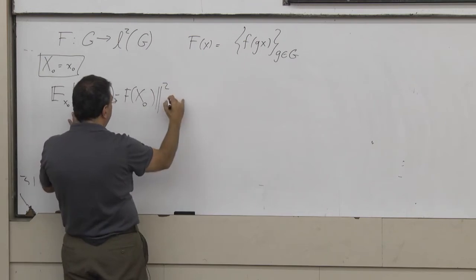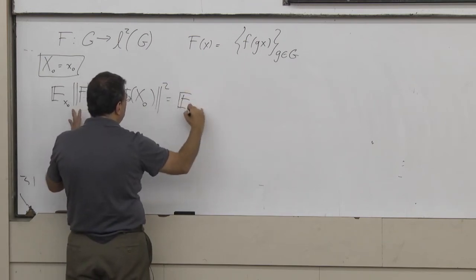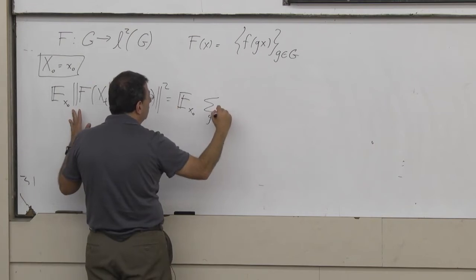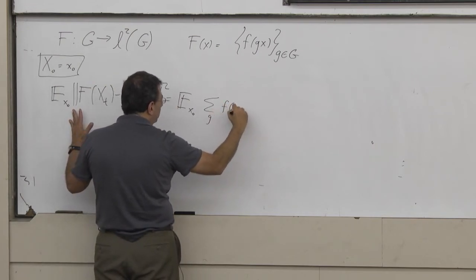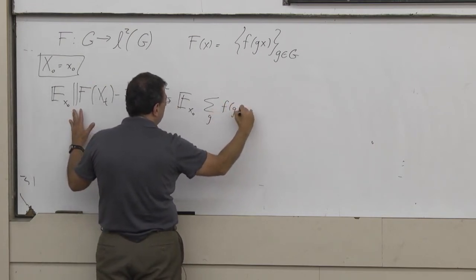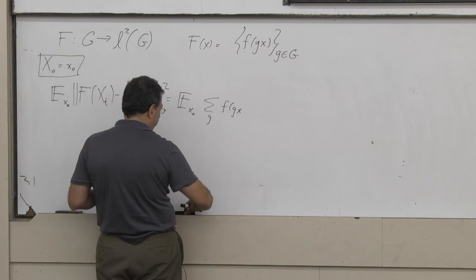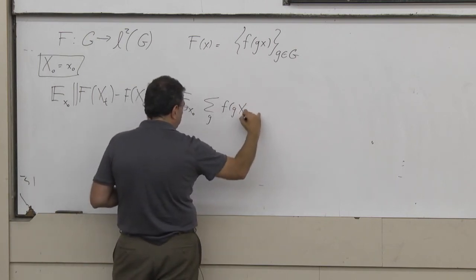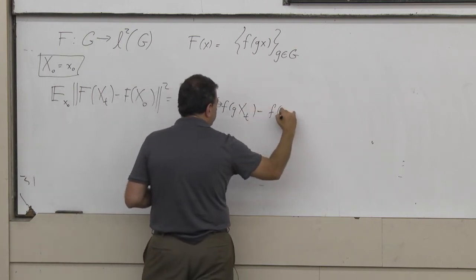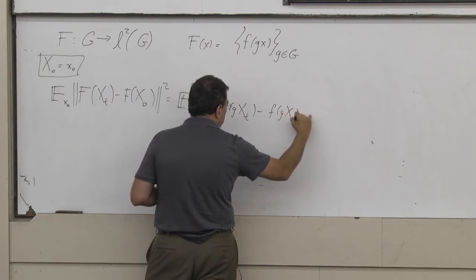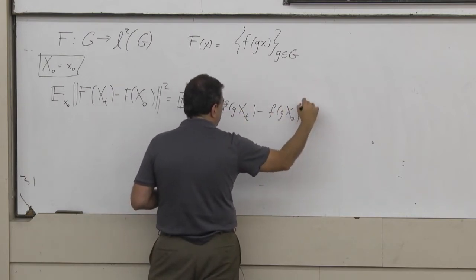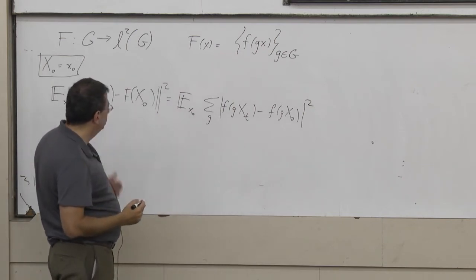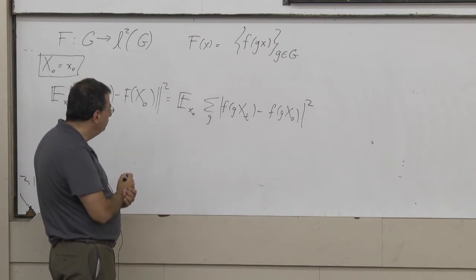We know what capital F is. So this is the expectation, starting from x0, of the sum over g in G of (f of g xt minus f of g x0) squared.